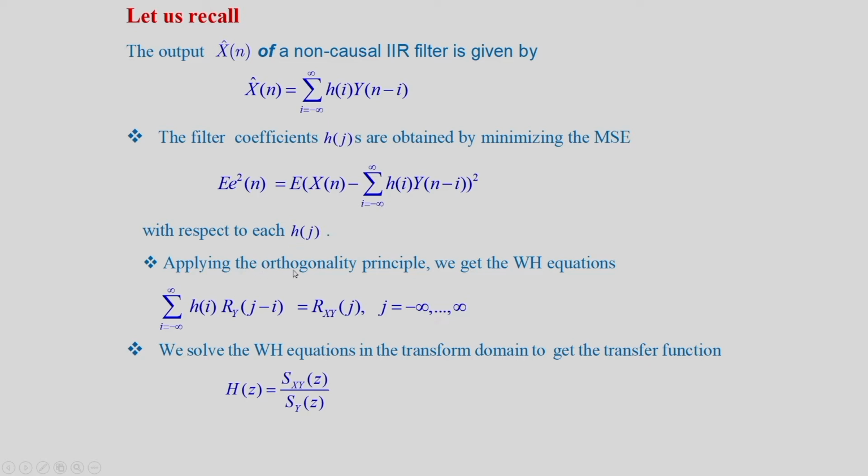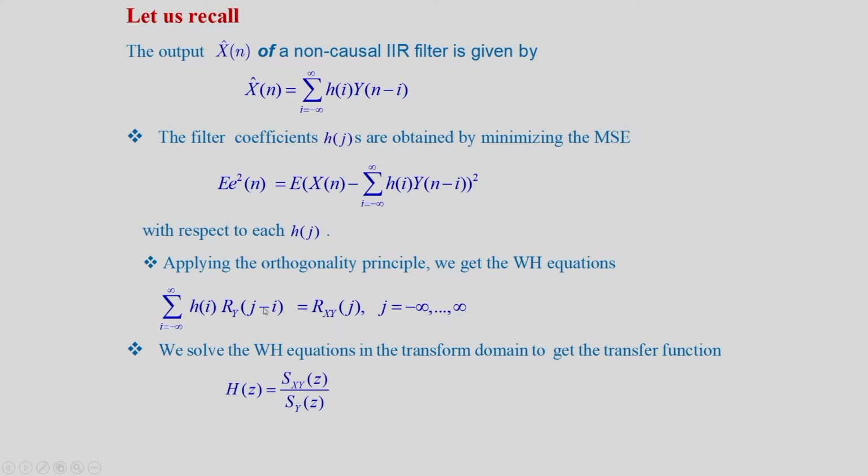Now, after applying the orthogonality principle, we got the Wiener-Hopf equations, which are given by this relationship: summation h_i into r_y of (j minus i), i going from minus infinity to infinity, is equal to r_xy of j, for j going from minus infinity to infinity. So, this is an infinite set of equations and these equations can be solved in the transform domain.